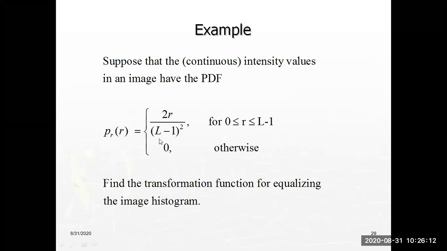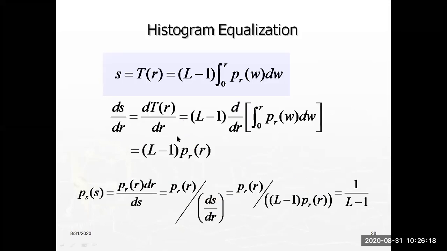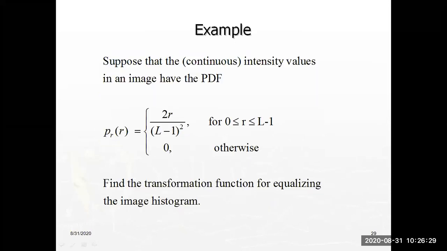All of you write it yourself: PR of R equals 2R by L minus 1 whole square. Just calculate by replacing. Here we considered 1 and 1, so they cancel, only 1 by 1. But if you consider this function, it may not be 1 by L minus 1. Definitely it is a different value. So calculate all of it.